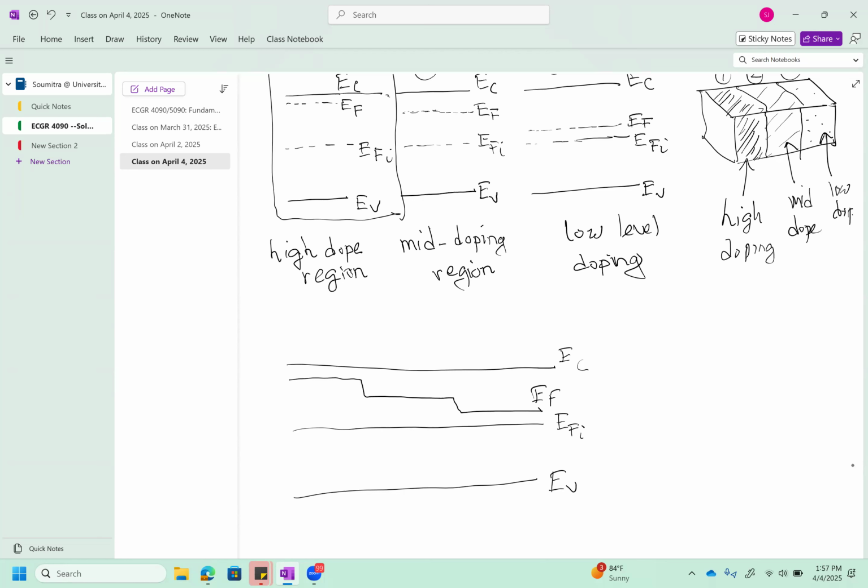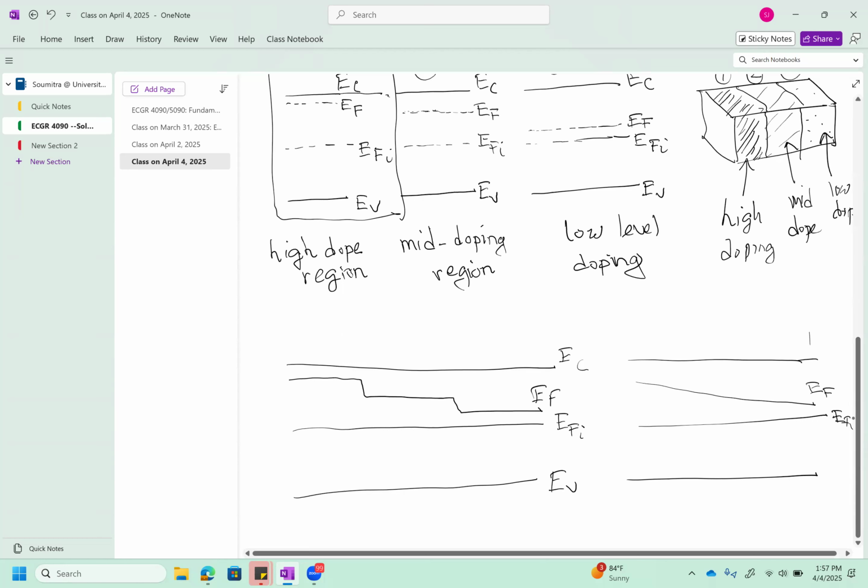And if I have continuous grading, not an abrupt staircase, but a continuous grading, then maybe I would guess that EF would look like this. Instead of having a staircase-like fashion, EF would continuously go closer to EFI as you go from left to right.